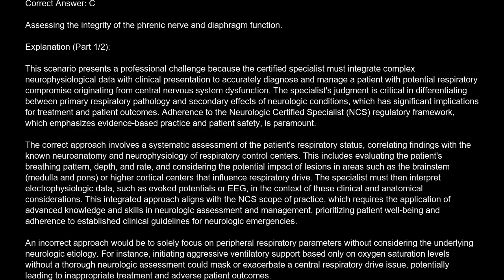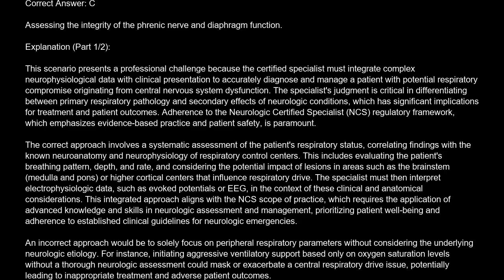The specialist must then interpret electrophysiologic data, such as evoked potentials or EEG, in the context of these clinical and anatomical considerations. This integrated approach aligns with the NCS scope of practice, which requires the application of advanced knowledge and skills in neurologic assessment and management, prioritizing patient well-being and adherence to established clinical guidelines for neurologic emergencies.